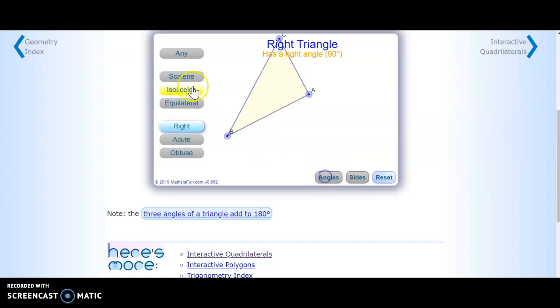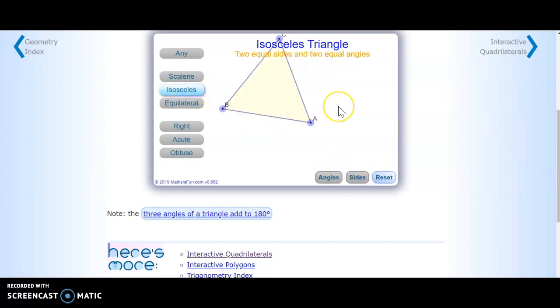You can also go on scalene, then click on sides, because this is the classification based on sides. Side measurement, none of the sides are equal. You can click on isosceles. 2 of them should be equal. Which 2 do you think are equal? I'm guessing CB and CA. Yeah.